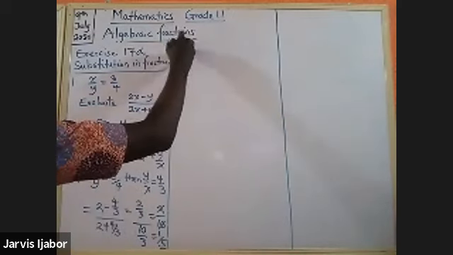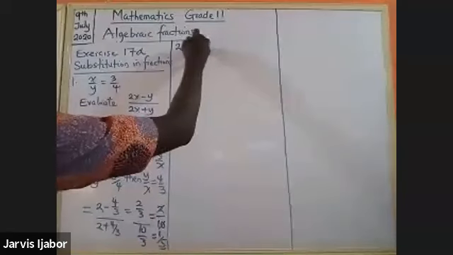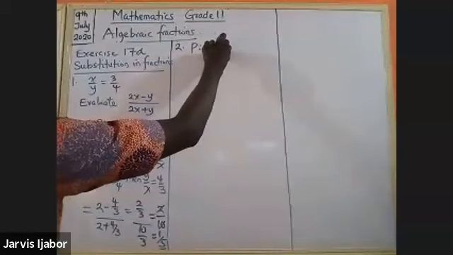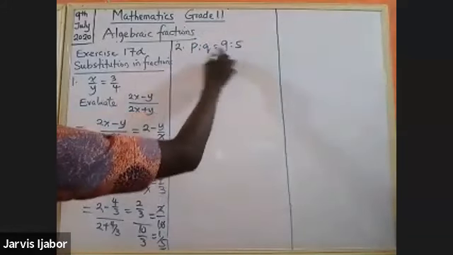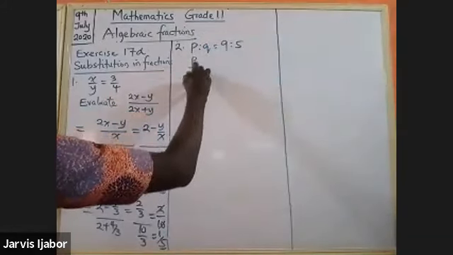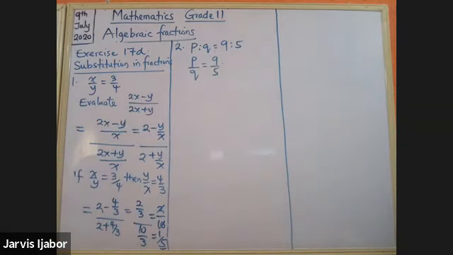So we go to question 2. We are told that P is to Q is equal to 9 is to 5. What this means is that P over Q will be equal to 9 over 5. That's what that means. This is another way to write ratio.